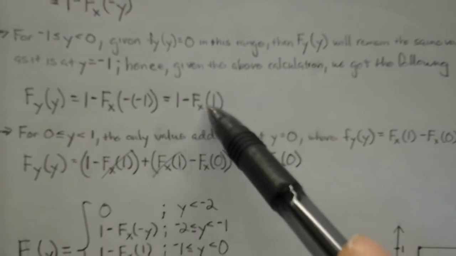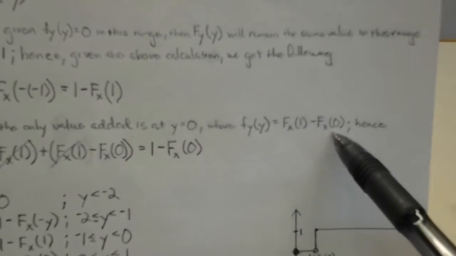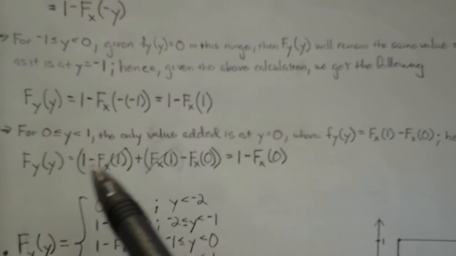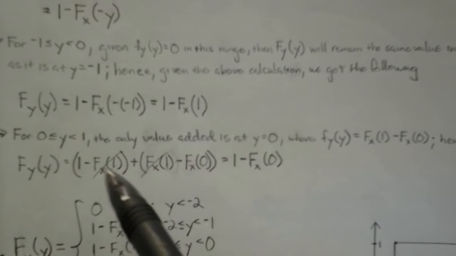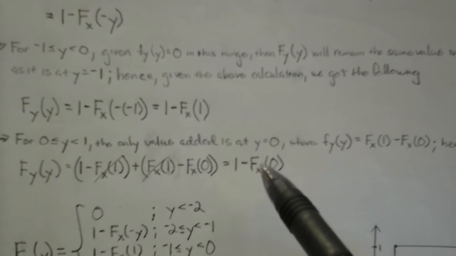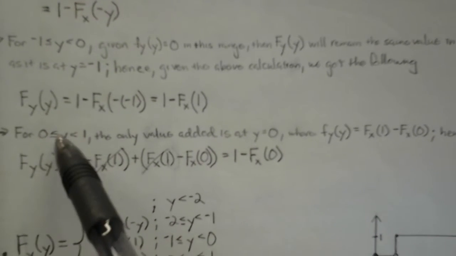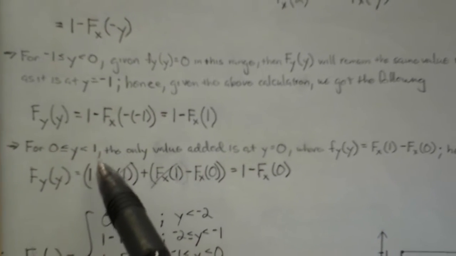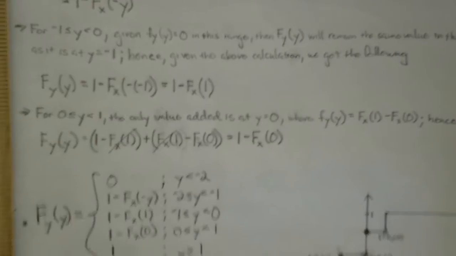So for this portion of the equation, we just basically add this plus that term. All right, we add them together. Cancel out terms. It's going to be 1 minus big F of x at 0, and that's going to define the region for y between 0 and 1. And like I said, y greater than 1 is going to be equal to 1.